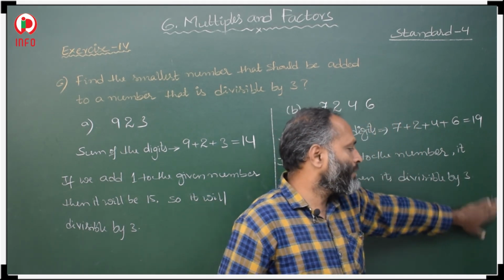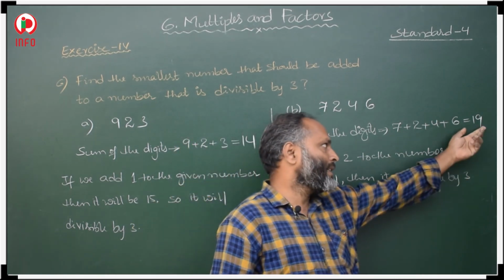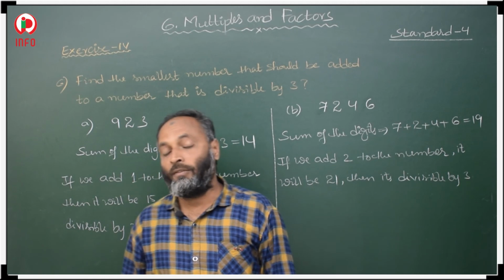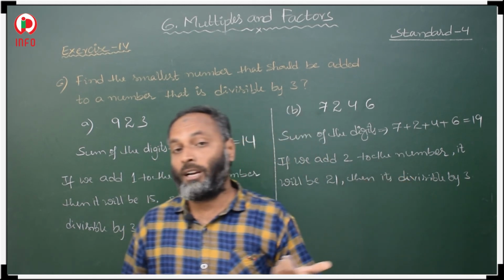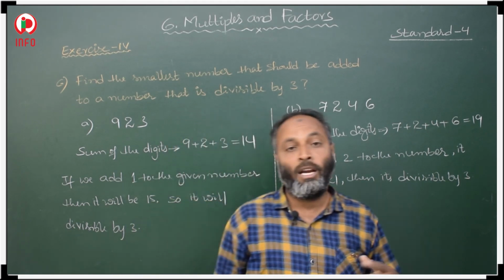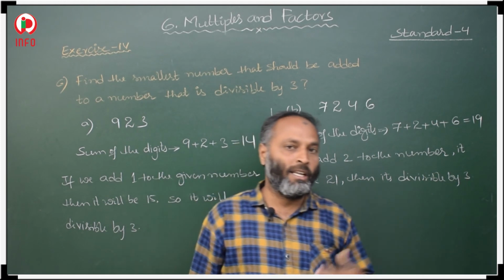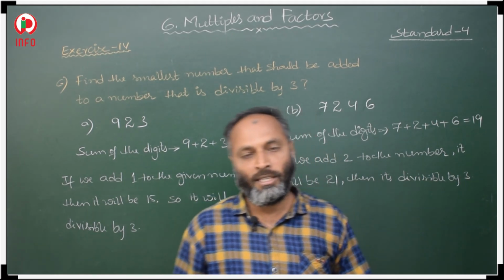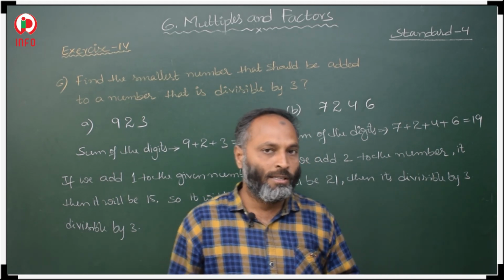First we have to find the sum of the digits. Whatever the sum is, we have to take it and then think. So 19 will not come in the 3 table, then what do we have to do? What comes very next after 19? The nearest greater value to 19 in the 3 table: 3 6s are 18, which is the lesser value.